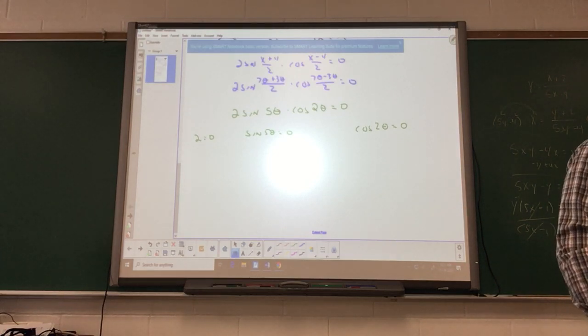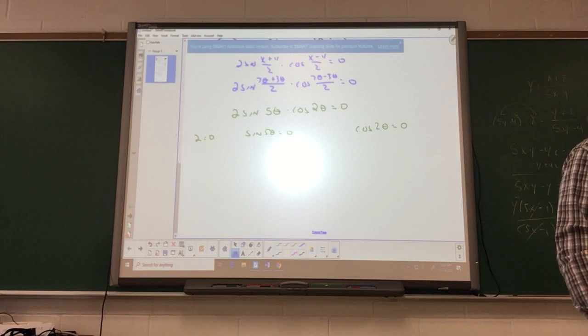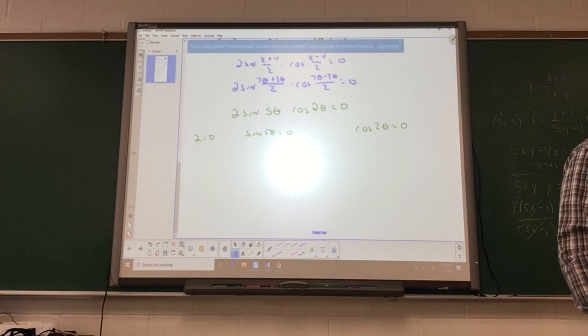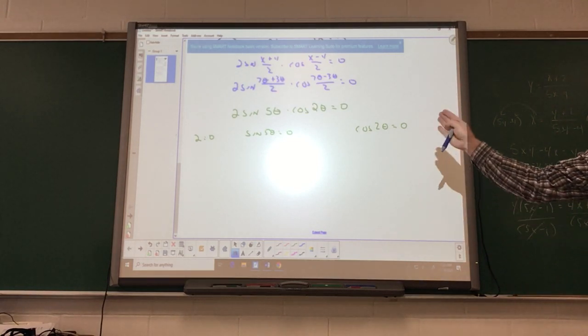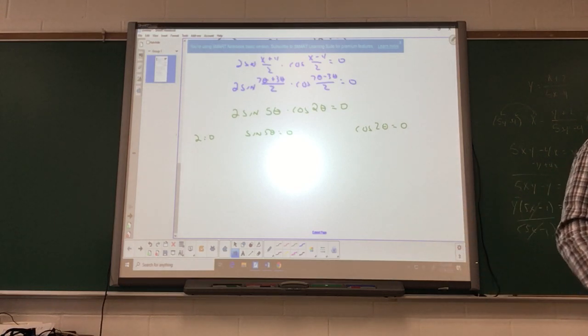What do we do to get rid of sine? Remember, we get the principal value, which is a calculator value, and the supplement. What do you have to add to that to get to 180? So you get 2 values there. Then we take our inverse cosine of 0. That gives us 2 values, the principal value and its opposite.